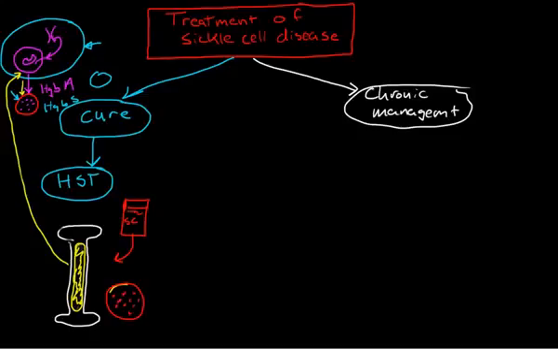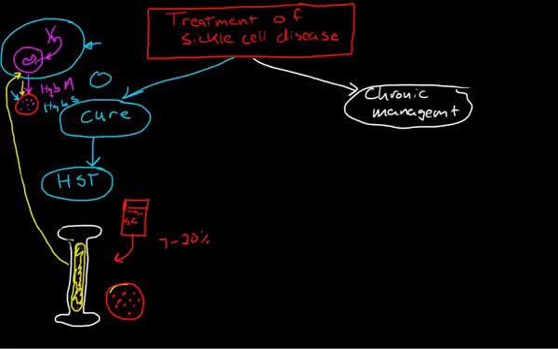Now, this is a very risky procedure because the mortality rate is reported to be between 7 and 20% just from the procedure itself. The person has no white blood cell function for several weeks after the transplant and is prone to infections.